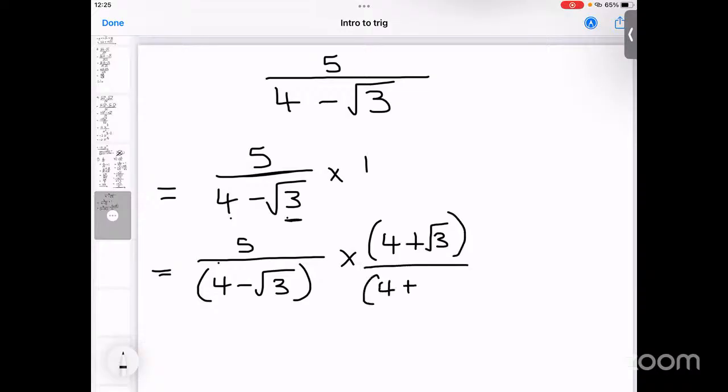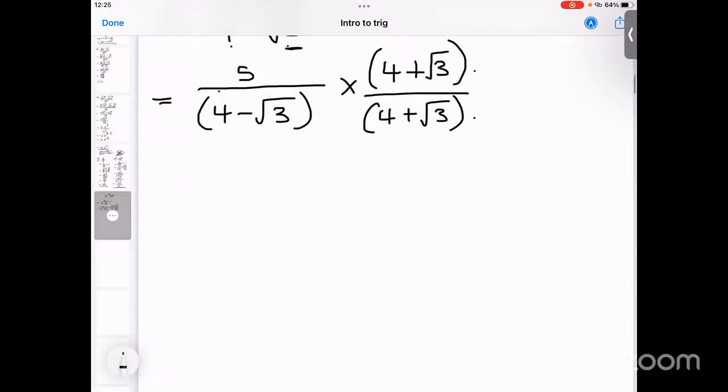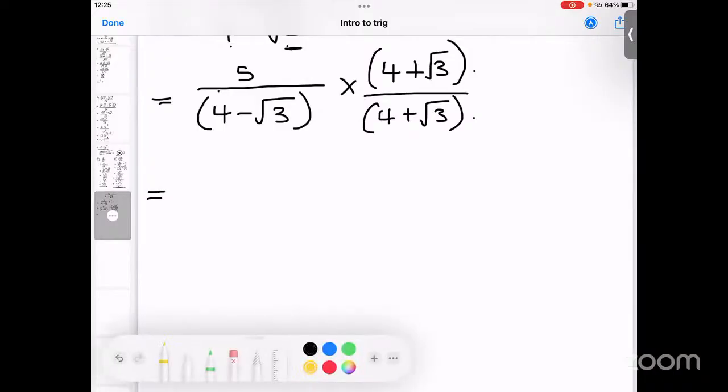Whatever you are having there as the numerator, you must also have exactly the same thing, because this divided by that takes us back to 1. So you haven't changed anything. But the reason why you had to multiply by the 1 that has a plus is because you wanted to have the difference between 2 squares.